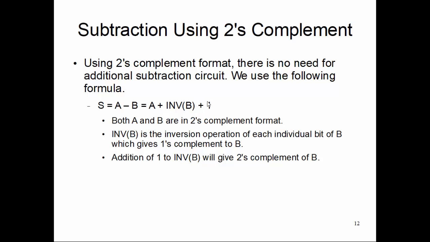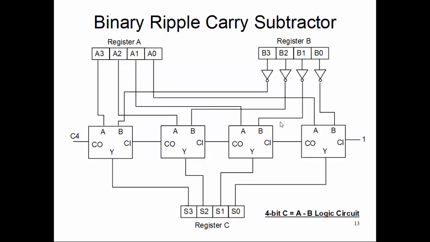That first stage carry in set to 1 will take care of that extra plus 1, and all we need to do is to insert some inverter circuit from register B as compared to our original binary ripple carry adder. As soon as we do this modification in the circuit, we have a binary ripple carry subtractor. Okay, it is the same thing.